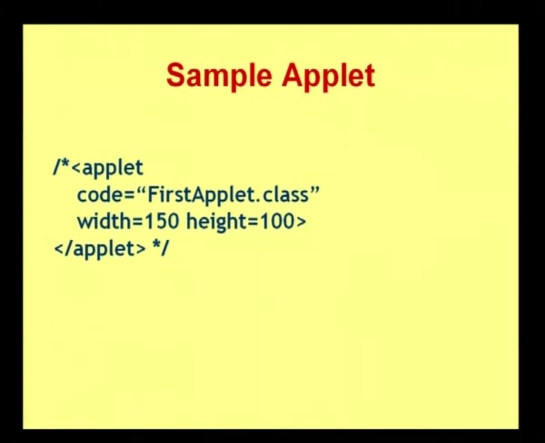Whenever I compile this program using the Java compiler, this is considered a comment and these lines will not be compiled. Whereas, whenever I go in for applet viewer, it never worries about the other lines of code, and only considers this multi-line comment.